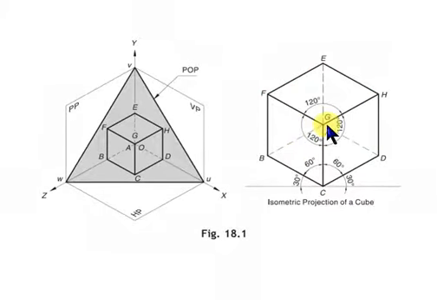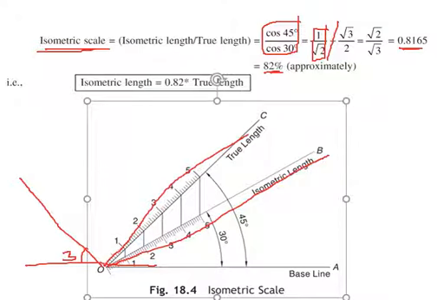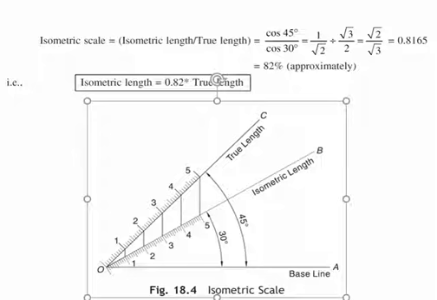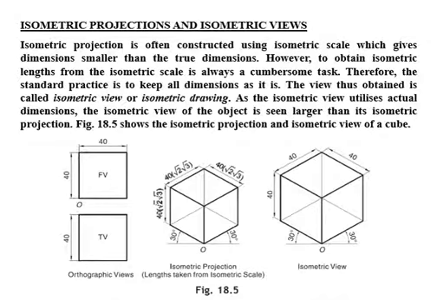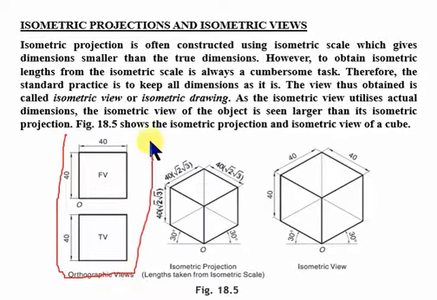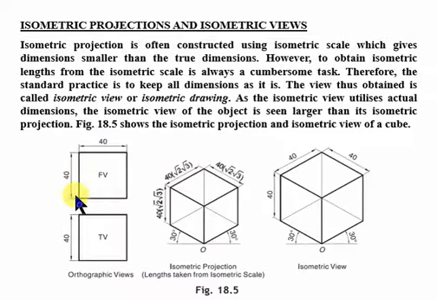That means if they ask you to find the isometric projection, then you need to multiply the true length by 0.82. It sounds funny, but you will understand straight away. Take this as an example. I have given this as a question: this is my orthographic projection and I asked you to draw the isometric view of it. Normally, first you draw a point, then draw a line at 30 degrees and another line at 30 degrees.